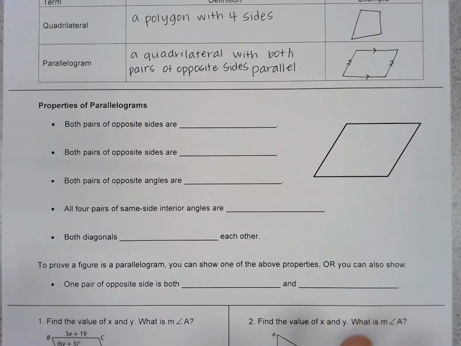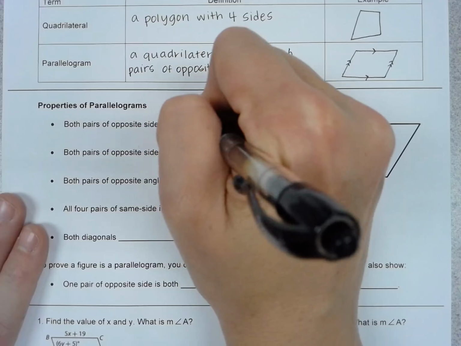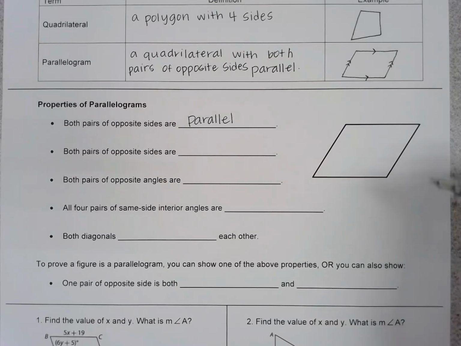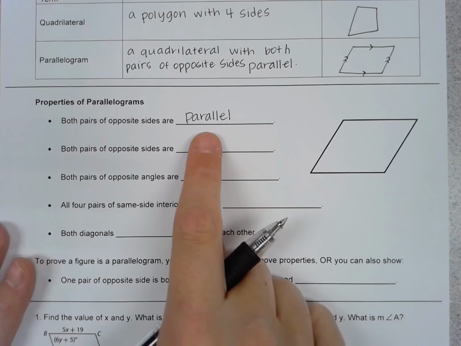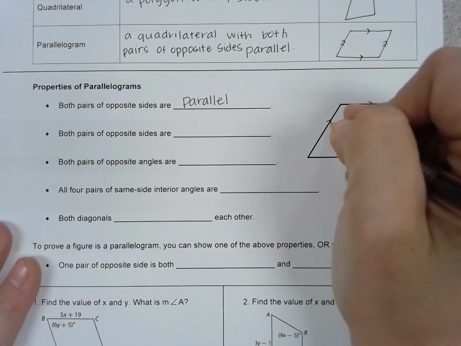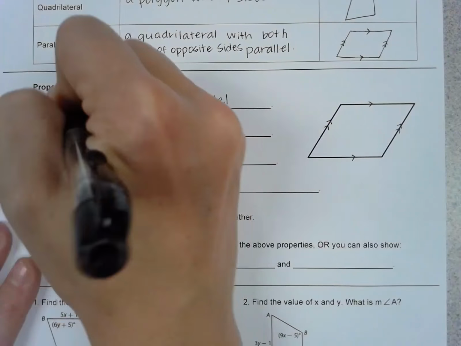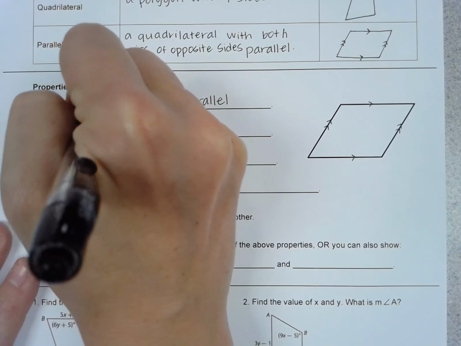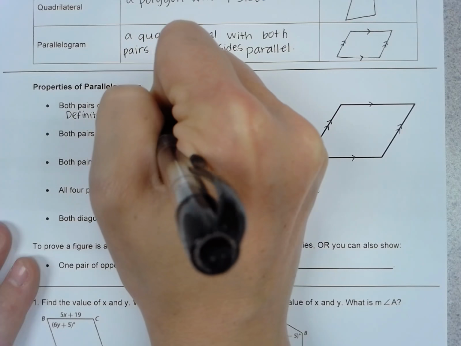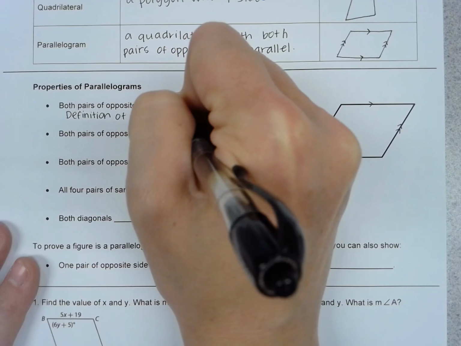When you look at a parallelogram, both pairs of opposite sides are parallel, and that's the definition of a parallelogram. So you can write that on the picture. And then I'm going to write definition of parallelogram underneath this because we might need to use that as a reason later in a proof.